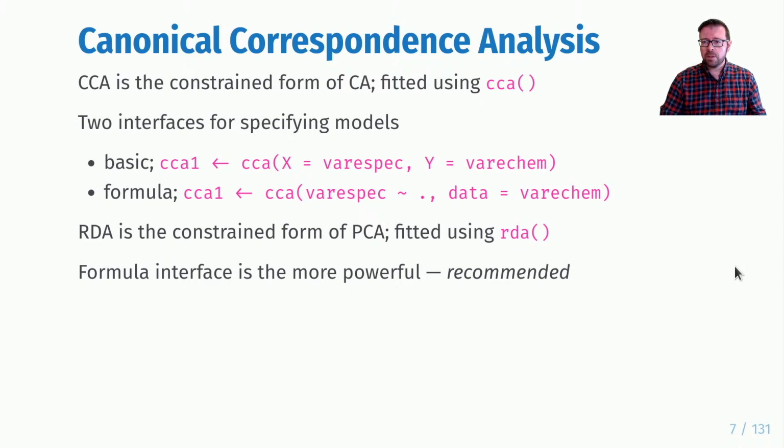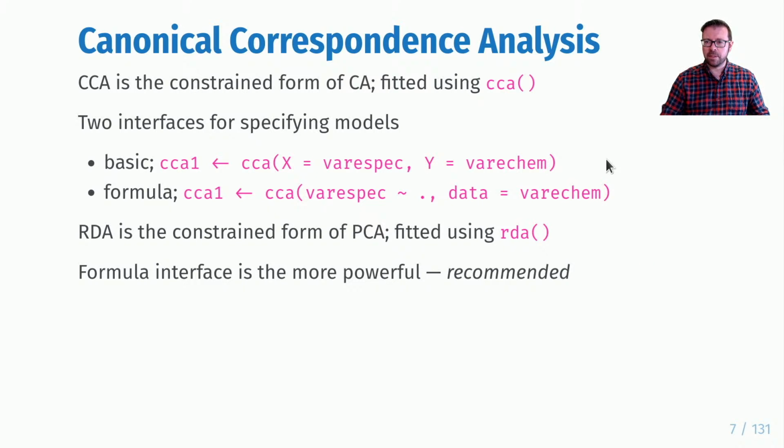So there are two interfaces to fitting constrained models. The main two interfaces for fitting the models in vegan are the CCA function if you are doing canonical correspondence analysis, or the RDA function if you are doing redundancy analysis. They work the same way.